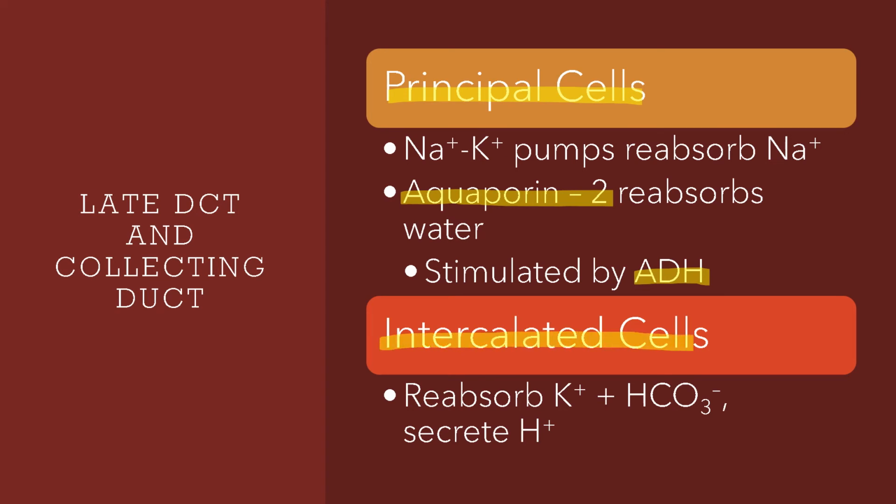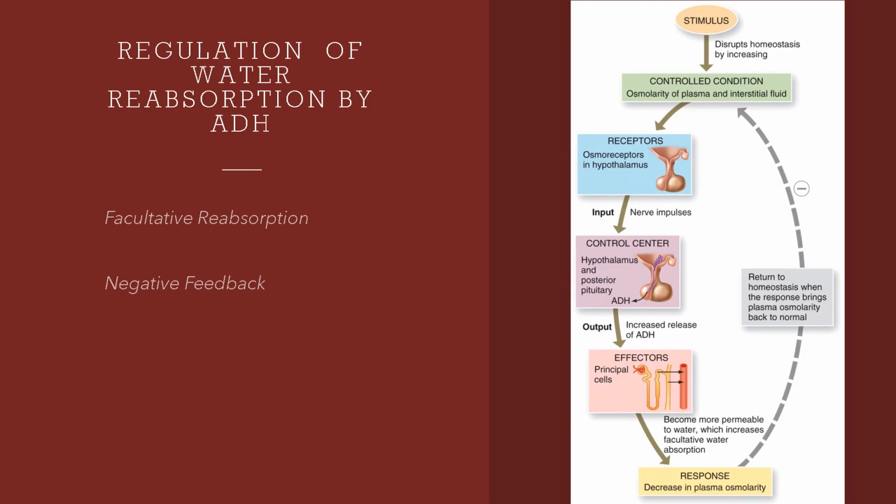Intercalated cells, these reabsorb potassium and bicarbonate, and they secrete hydrogen ions. A negative feedback system involving antidiuretic hormone regulates the facultative water reabsorption.